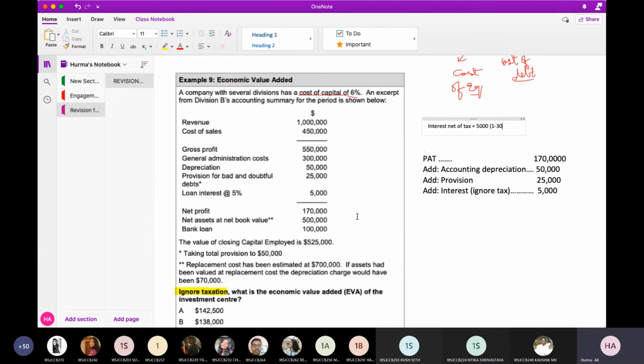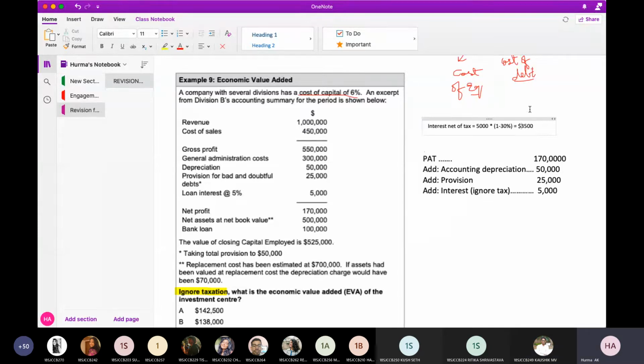So imagine the tax rate is 30%. So 5,000 multiplied by 1 minus 30%, so 5,000 into 70%, which will be 3,500 if I'm not wrong. Is that correct? Yes, ma'am.